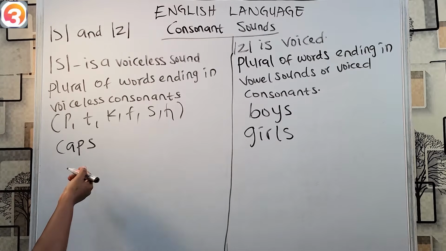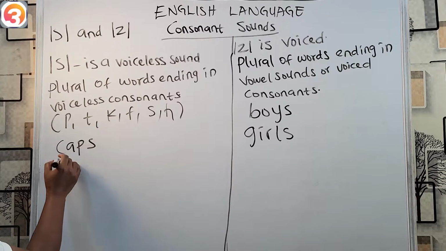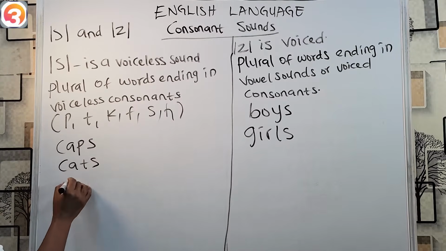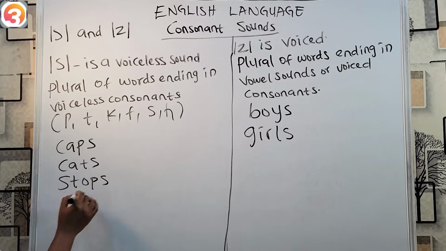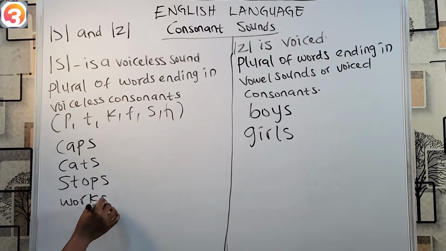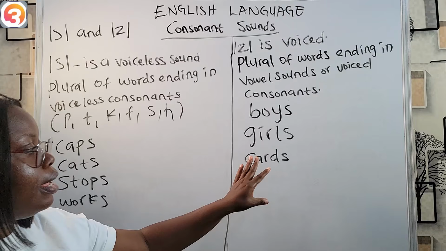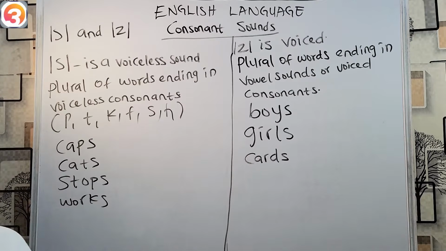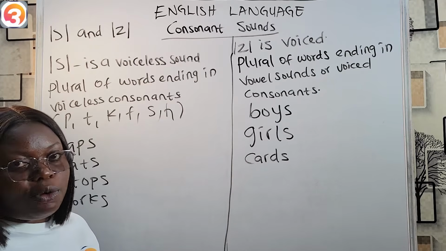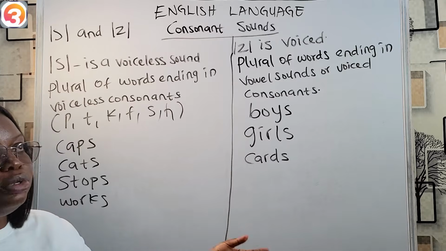Other examples here we have cats, stops, works. Here we have vowel sounds or voiced consonants, cards. So if you are looking for the plural of a word and the plural is formed by the addition of S, how do you pronounce the S?